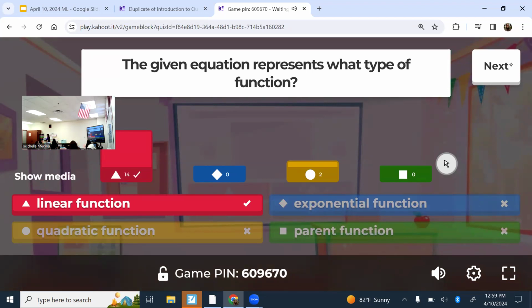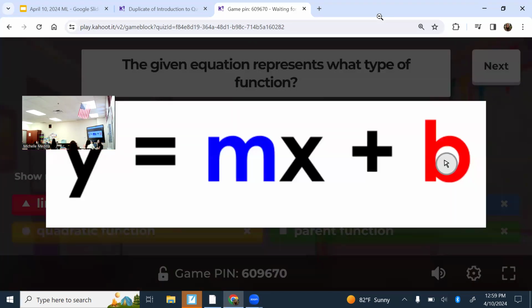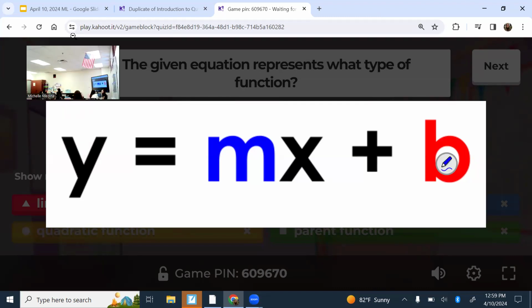But they highlighted the M and the B. What do we call the M? Slope. What else do we call the slope? Slope, rate of change, okay? Now the B is your y-intercept, and we also call the y-intercept what?